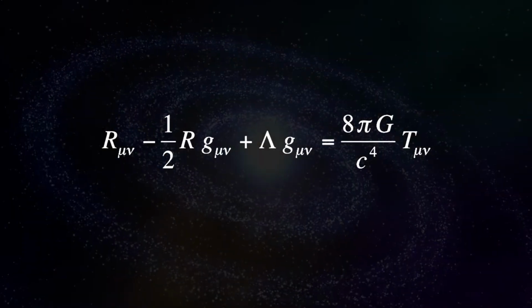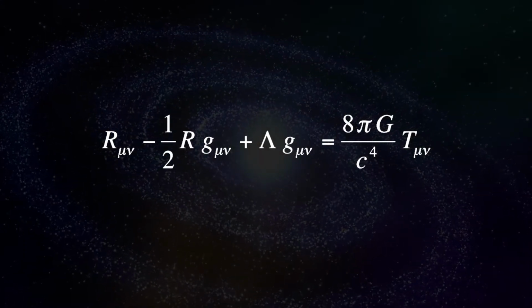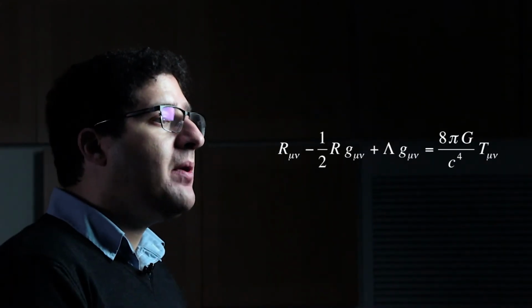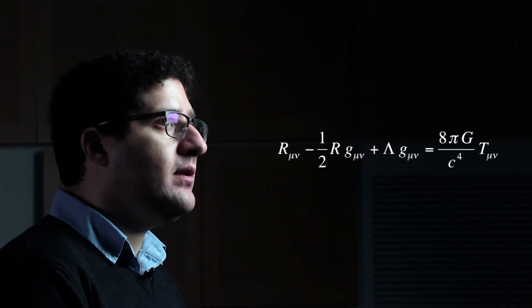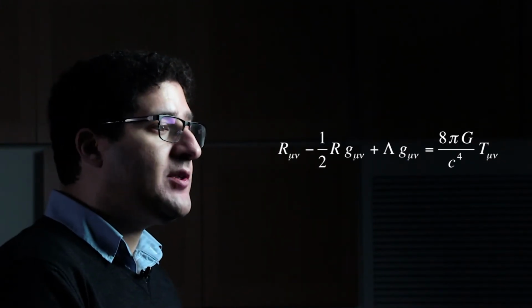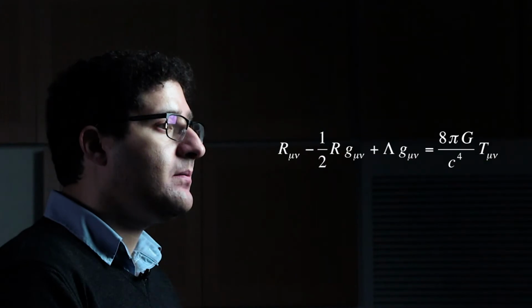To help hear these notes, we need equations, and one of the best gifts that Einstein gave the world was an equation. Not E equals mc squared, but this one. This is his famous field equation, which describes the shape of the universe. It's part of the general theory of relativity, whose predictions have been verified experimentally over the past 100 years in many different ways.